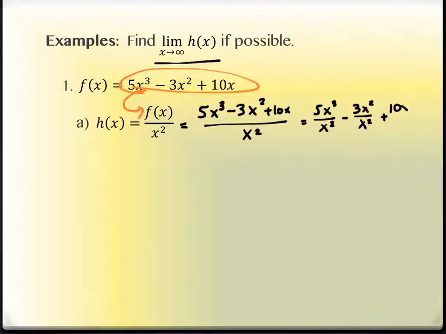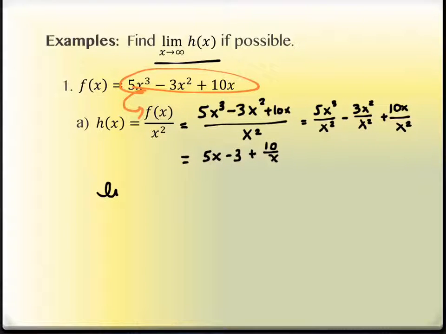So 5x cubed divided by x squared is 5x. 3x squared divided by x squared is minus 3. And on the last one, 10x over x squared is plus 10 over x. And this is what we want the limit of.